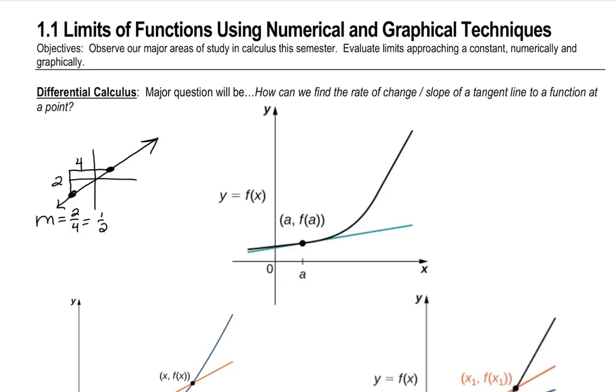Maybe I look at the rate of change between these 2 points, and maybe here the rise over run is just up 1 and over 2, okay? But of course that gives me the exact same slope. So this is the defining characteristic of a line. The pitch, the steepness, is the same throughout the whole function.